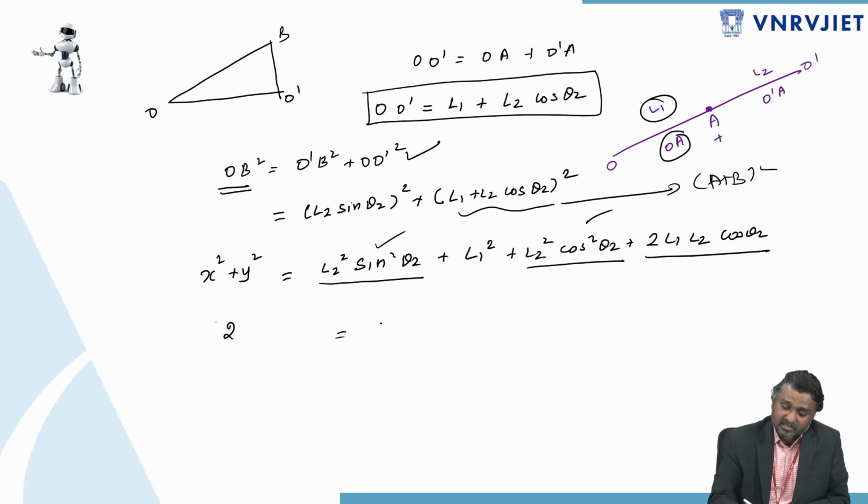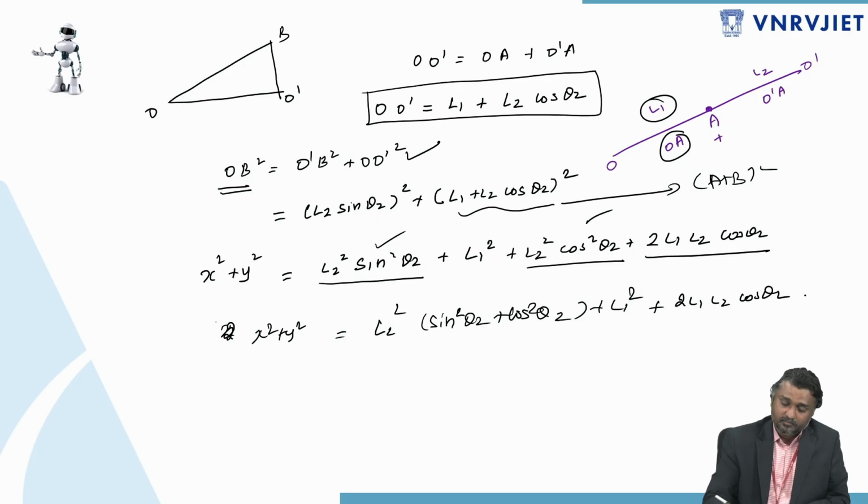So I will take L2 square outside: sine square theta 2 plus cos square theta 2, plus L1 square plus 2L1 L2 cos theta 2. Now sine square theta plus cos square theta, you know it is 1. So L1 square plus L2 square plus 2L1 L2 cos theta 2 is x square.